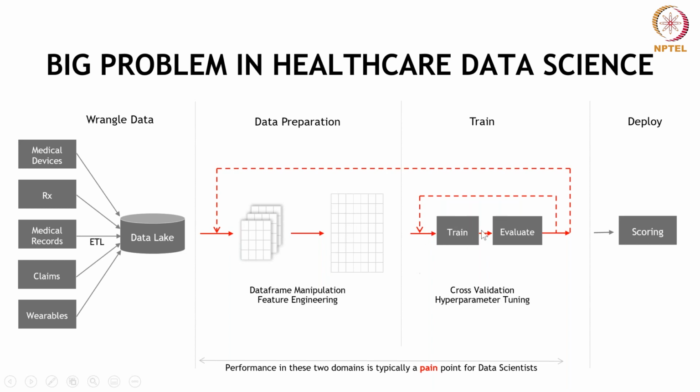So you will apply different types of models here and evaluate finally which is the one which gives you the right result. You will also do cross validation and hyperparameter tuning here. In the process, you might realize that the features you're using might not be correct or need to be changed, and it again goes back to your data preparation stage, and it is like a cycle which keeps on happening. And these two domains are typically the pain point for the data scientist. And finally, yes, you also have to deploy it once that cycle is over.